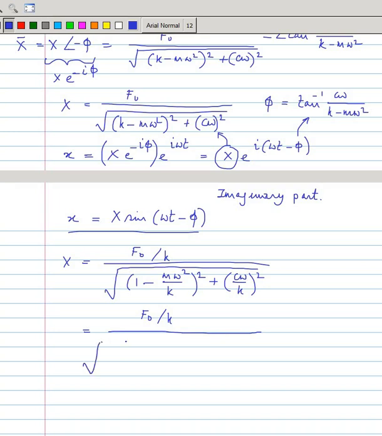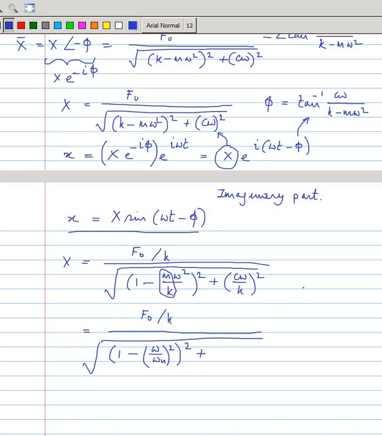And you know this k by m is omega n square. So this is 1 minus omega by omega n square.